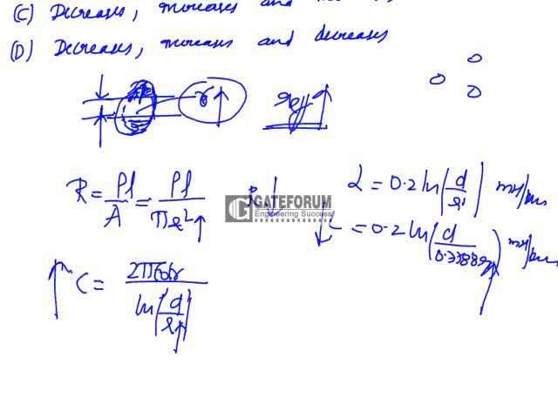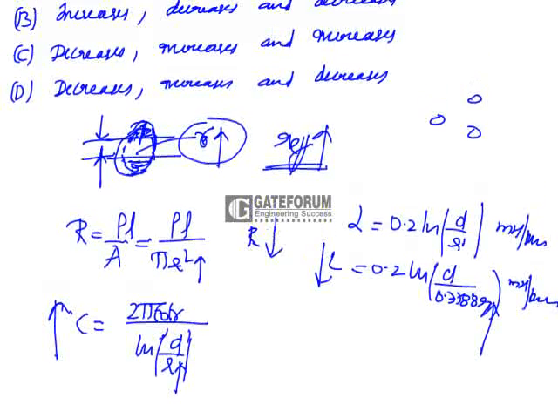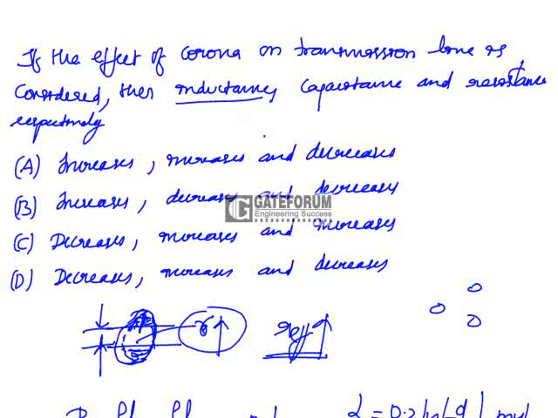So in the question, if corona in the transmission line is taken into account, inductance is reduced, capacitance is increased, whereas resistance is reduced. So decreases, increases and decreases is the answer. That is option D is the correct answer.